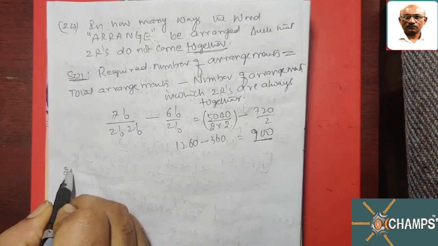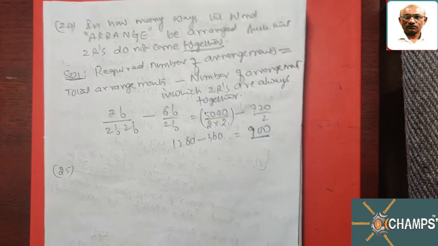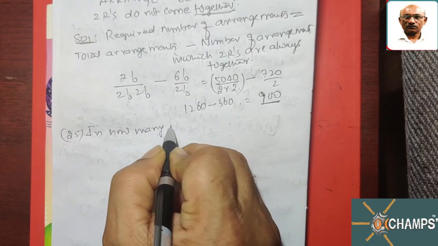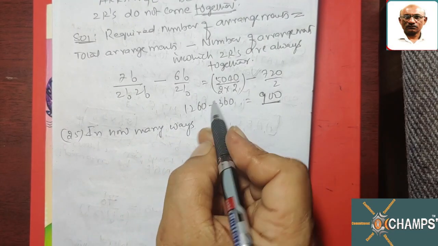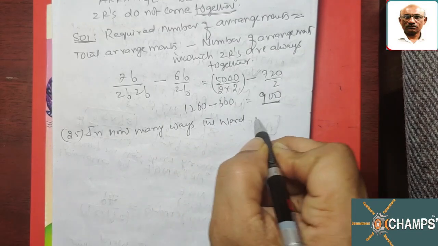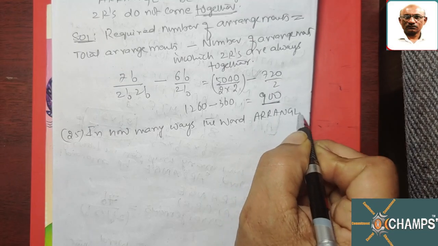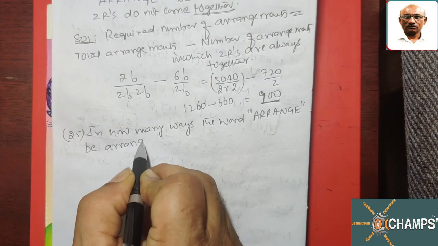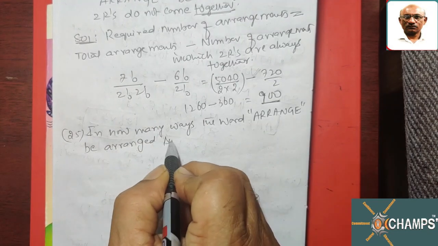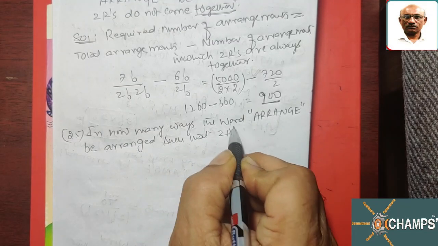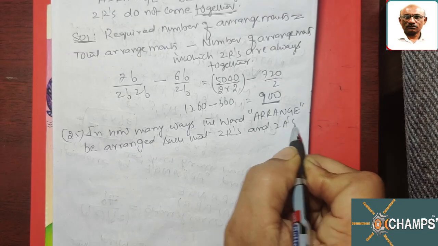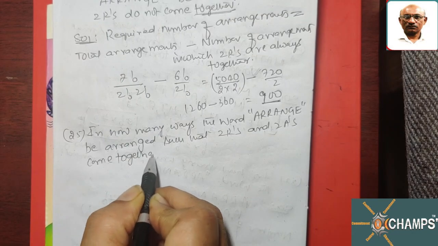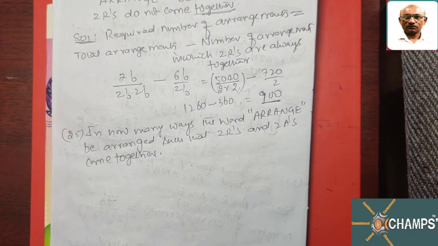Now look at the question number 25. In how many ways can the word be arranged such that 2 R's and 2 A's come together.